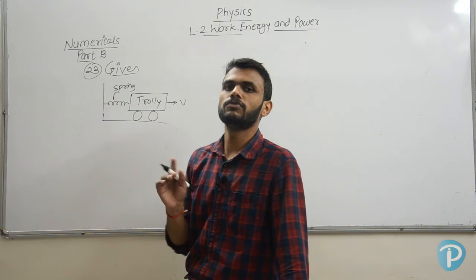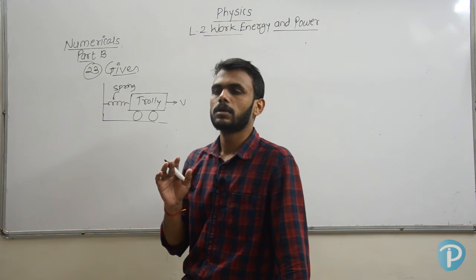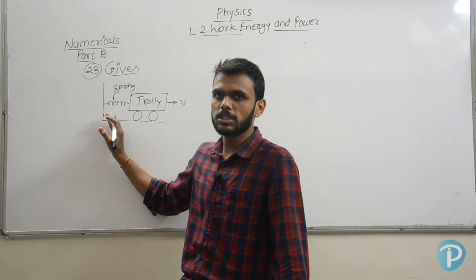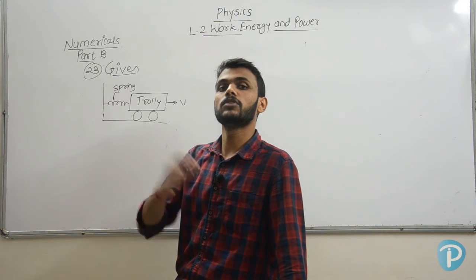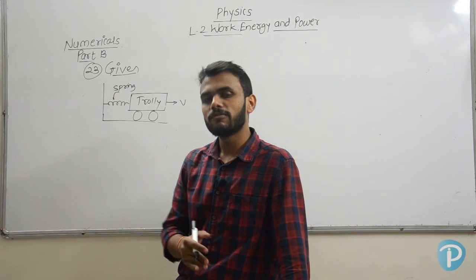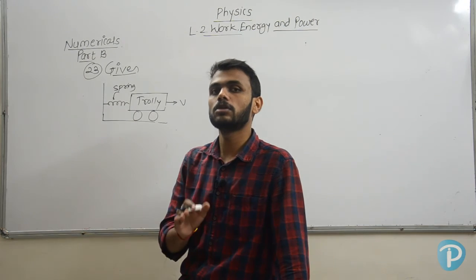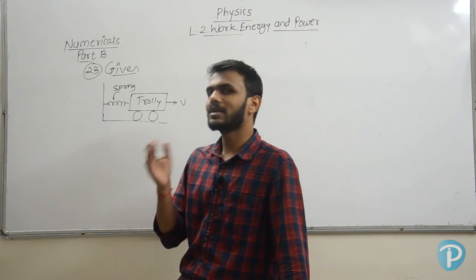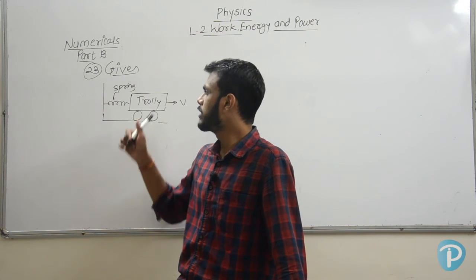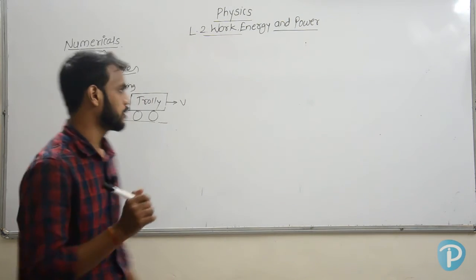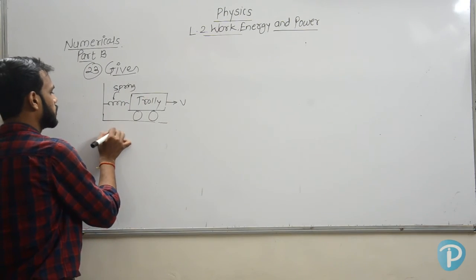For elastic potential energy, we don't have any formula, but the logic here is that whatever potential energy is stored in the spring, the same energy gets converted into kinetic energy when it is released. So here we have to calculate the kinetic energy and not the potential energy. Understood? So we will calculate the kinetic energy, that will be given by again the same formula, half mass into velocity square. So what is given?